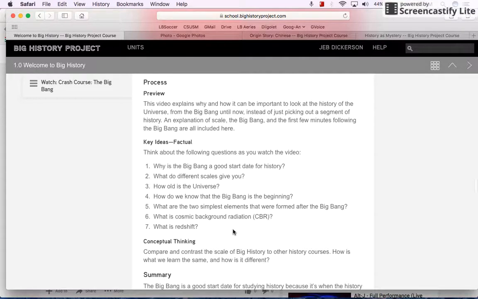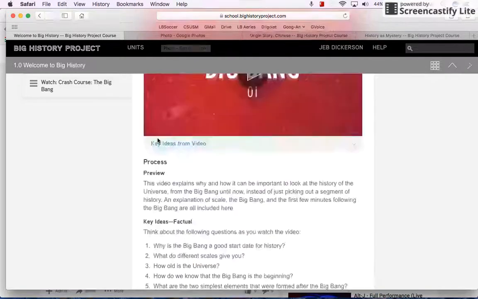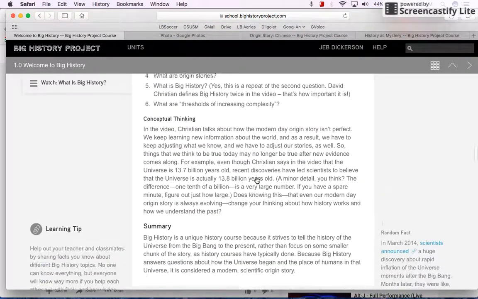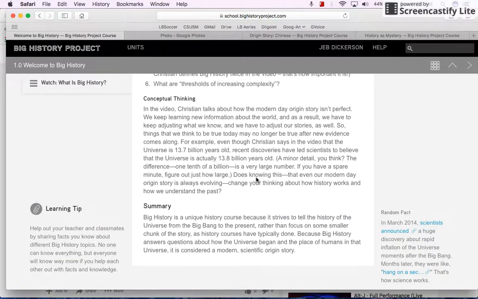So that's the expectation, guys. What I'm finding is that very few people are doing that, and it's a huge part of your grade. So please make sure, this is how I can see that you are actively engaging in the material. If all you're doing is scrolling through, reading a few things, watching a video and moving on, you're going to do really poorly on the assessments, and the assessments make up the vast majority of your grade.